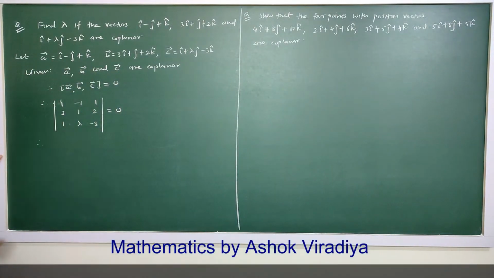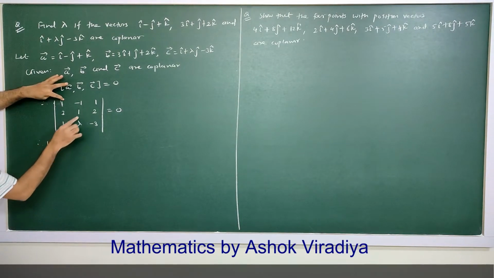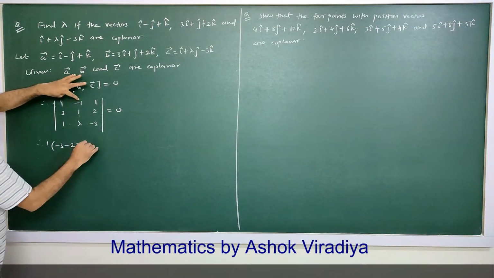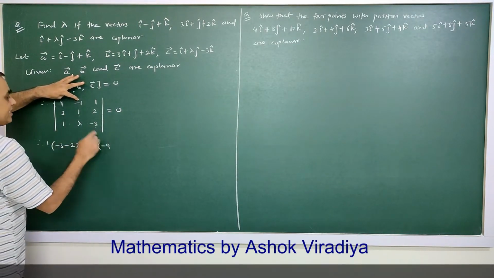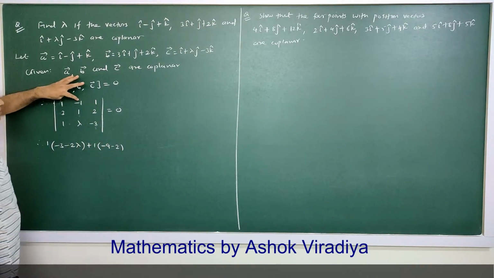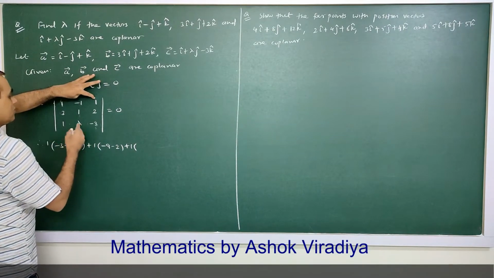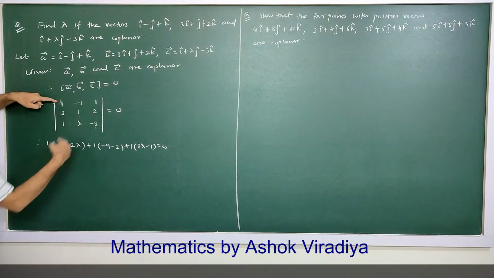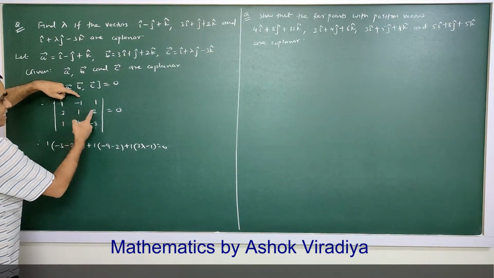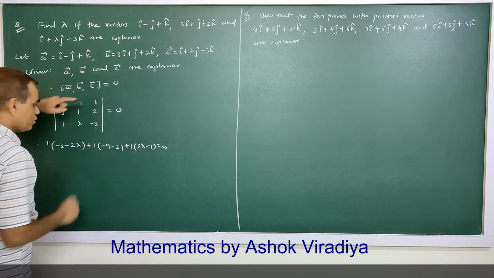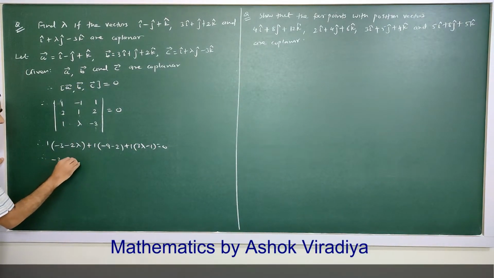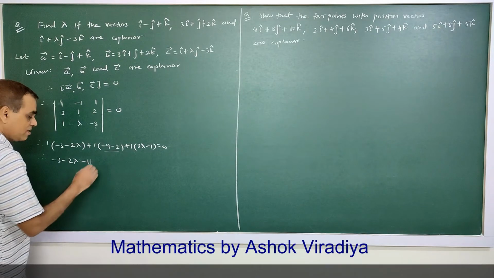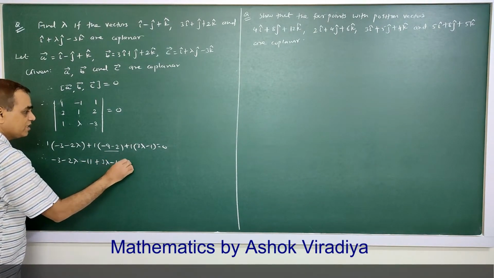So therefore 1 into minus 3 minus 2 lambda, plus 1 into minus 9 minus 2, plus 1 into 3 lambda minus 1 equal to 0. So minus 3 minus 2 lambda, minus 9 minus 2, this is minus 11, plus 3 lambda minus 1 equal to 0.